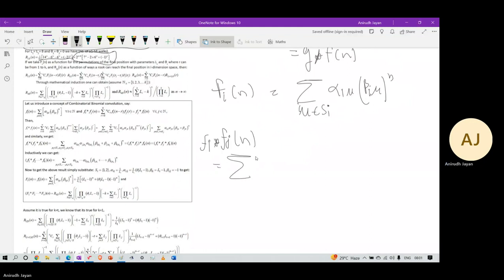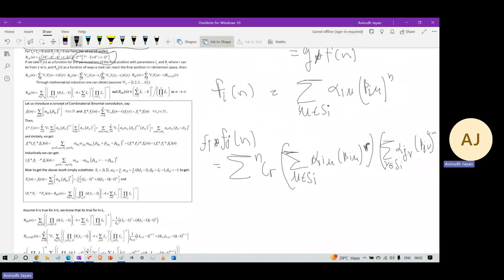We will get NCR, summation mu belonging to Si, alpha i mu, beta i mu power r, times summation v in Sj, alpha j v times beta j v power n minus r.